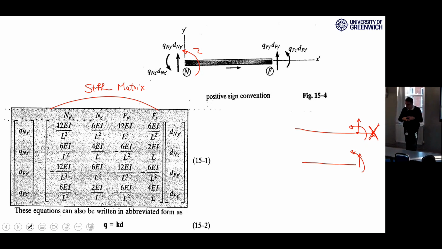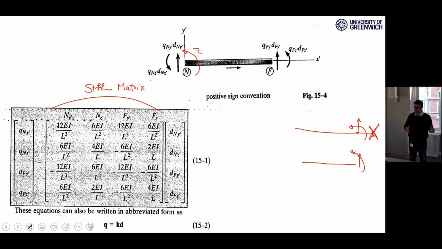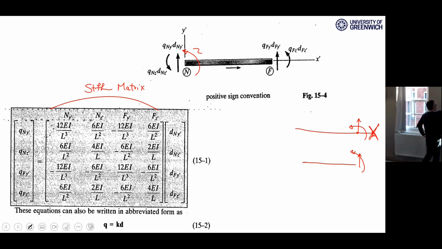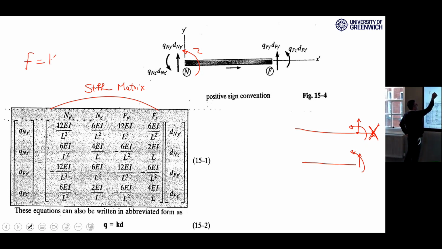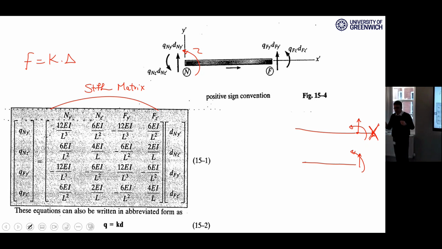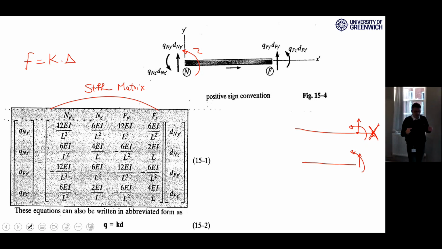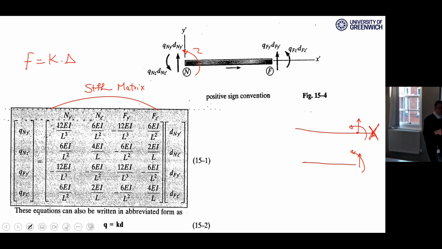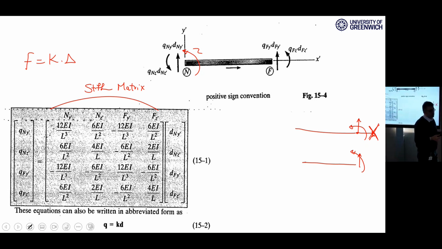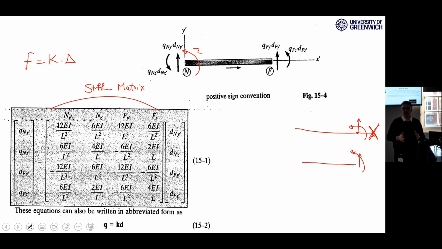The stiffness matrix correlates deformations to the forces. It's exactly, remember, we were talking about F equal to K delta. This is the formula for a simple spring, isn't it? For a simple spring, we had F equal to K delta, right? So if you remember, for the truss structure it is the same, here it is the same, for the frames it will be the same as well. K is not a scalar, K is a matrix.